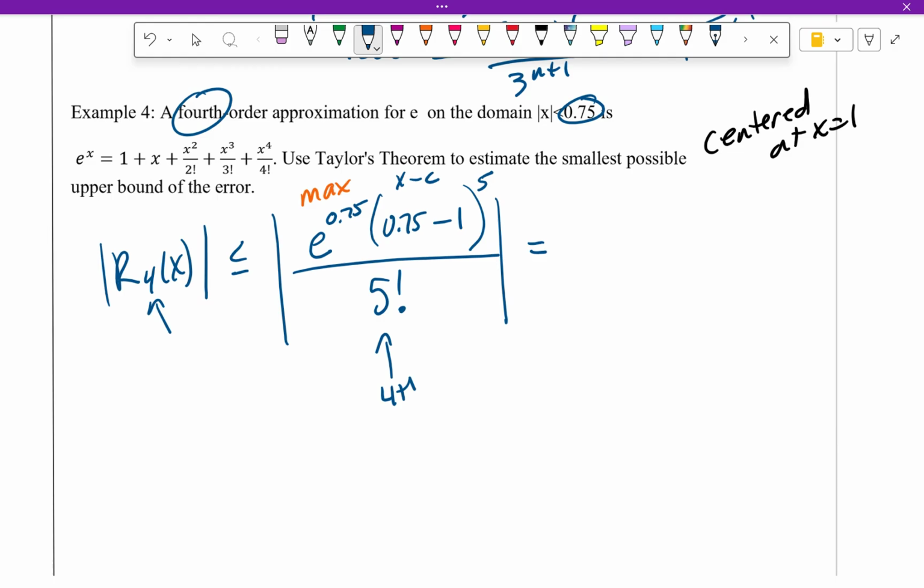All right, here's what I want you to do. Go ahead. Put that into Desmos. Figure out the smallest possible upper bound of the error. You can do the decimal point, that's fine.